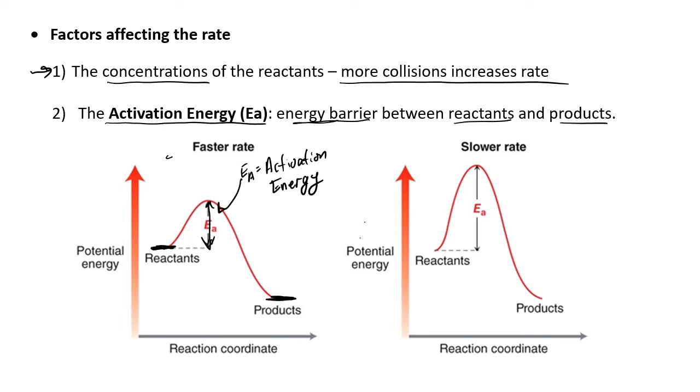Now, the smaller the activation energy, or the lower the activation energy, the faster the rate. Let's compare these two graphs. The one on the left, let's call this A and B. Look at the activation energy for A, and then compare it to the activation energy of B. On the potential energy diagram for B, we see it has a much larger EA.